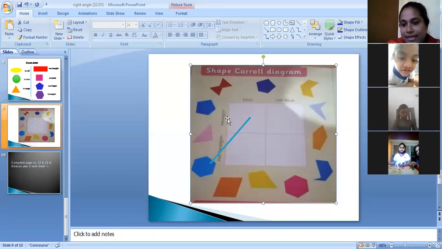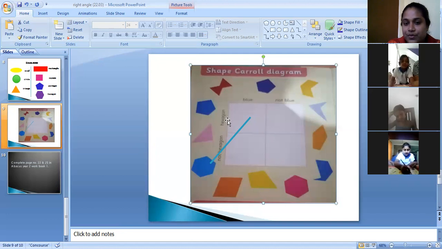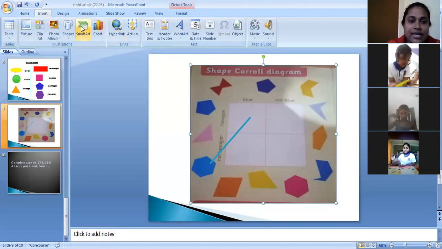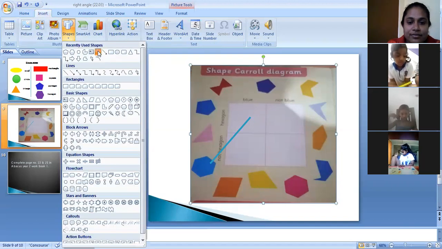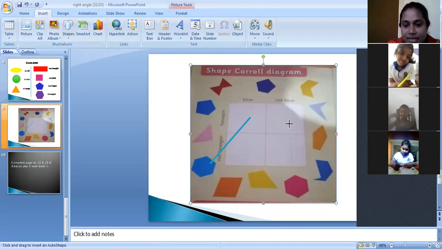Blue hexagon. Now here it says it should be a hexagon but not blue. Are there any other color hexagons? Yes, there is one. We should match it here.